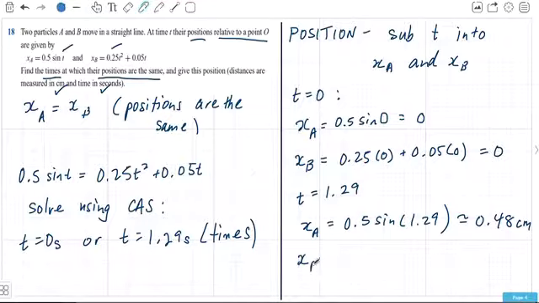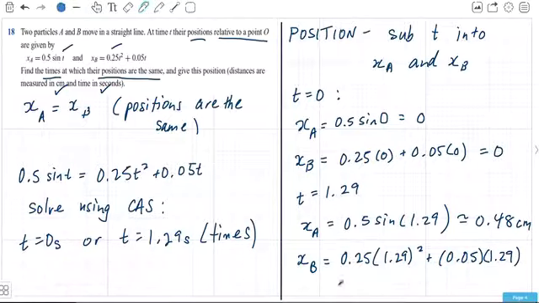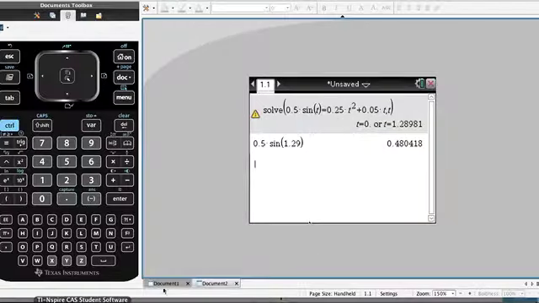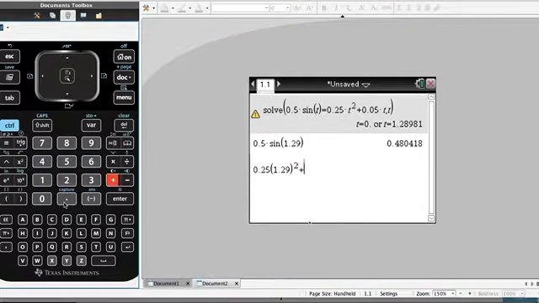And our position for particle B, put that 1.29 into the expression for B. So 1.29 goes there. If I put that in now, we're going to have 0.25 times 1.29 squared plus 0.05 times 1.29.